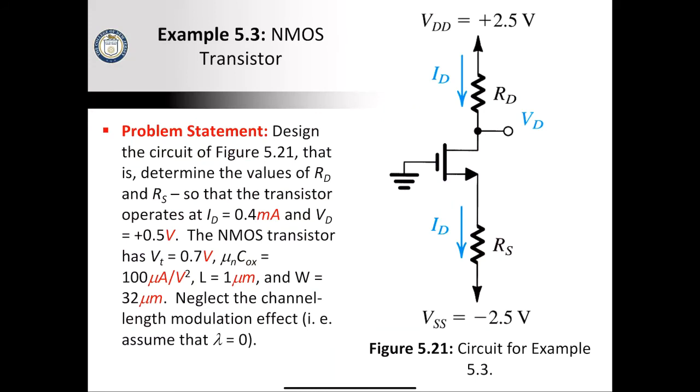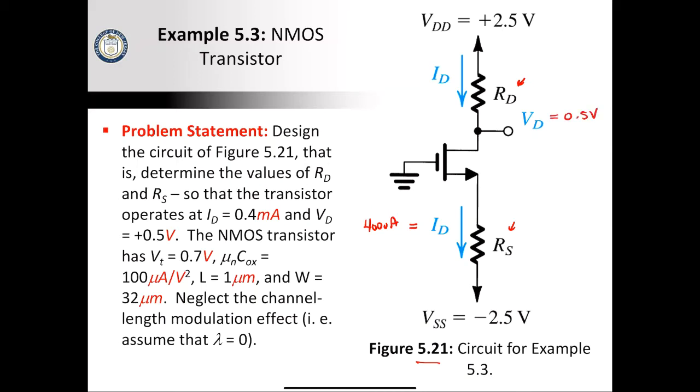Example 5.3, they still tell us it's an NMOS transistor. Design a circuit like that shown in 5.21. We want to determine the values of RD and RS such that the transistor operates with ID equal to 400 microamps. VD is equal to 0.5 volts.